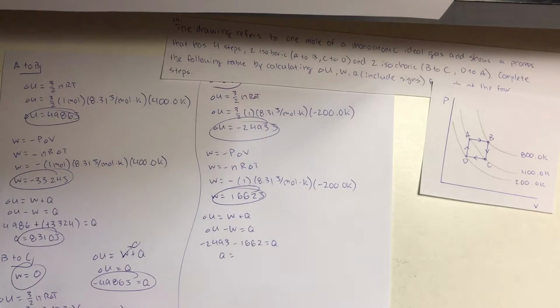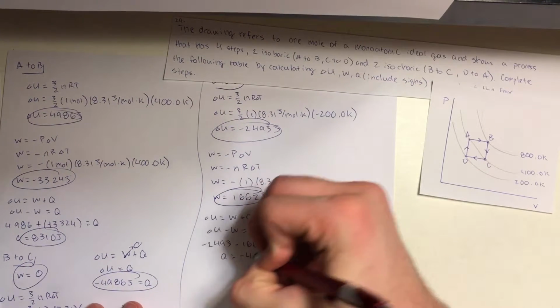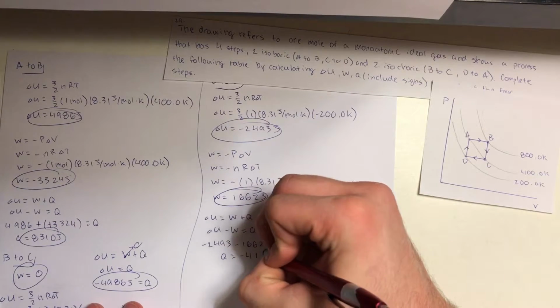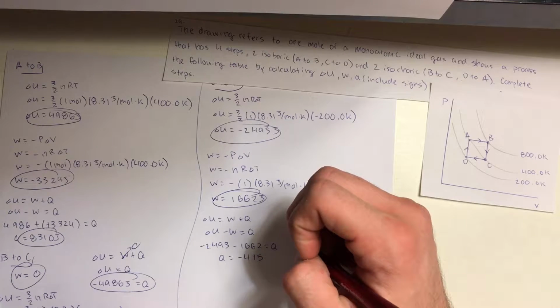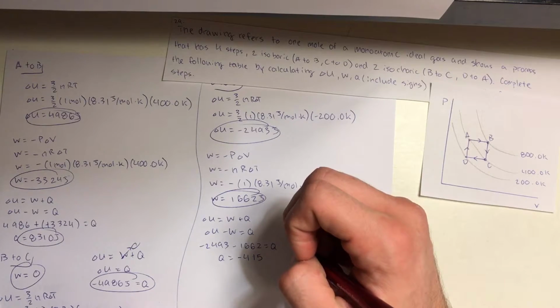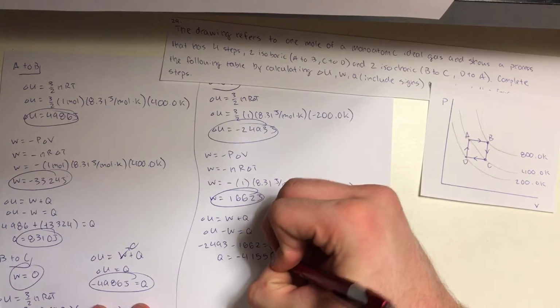That is a negative 4,100, and I can't read it, 455 joules.